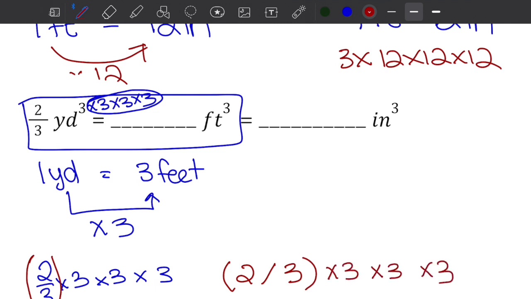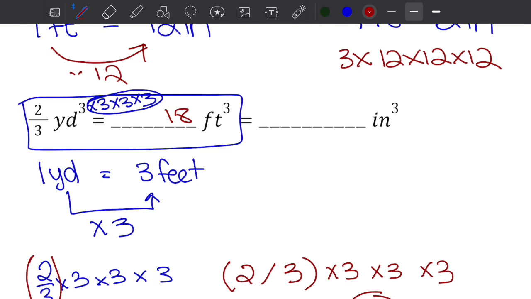Okay, so I'm going to do that right now as well. And I get 18. Okay, so try that right now as well to make sure that you inputted this correctly into your calculator. So the answer here is 18. So 2/3 cubic yards is equal to 18 cubic feet.